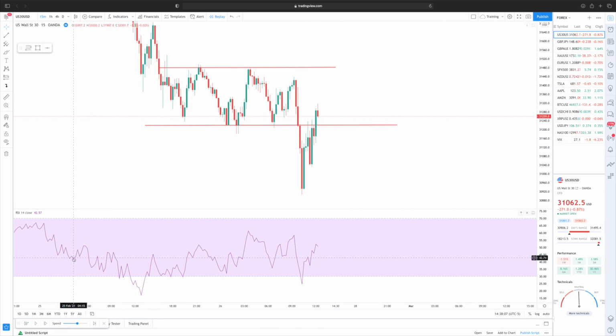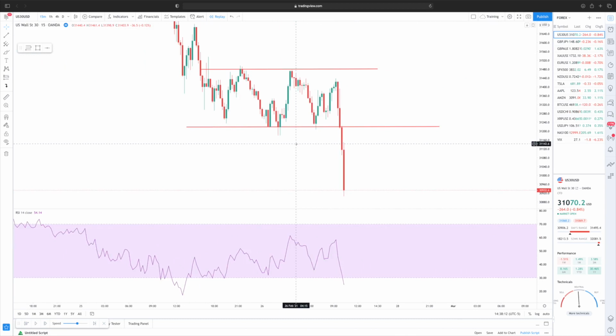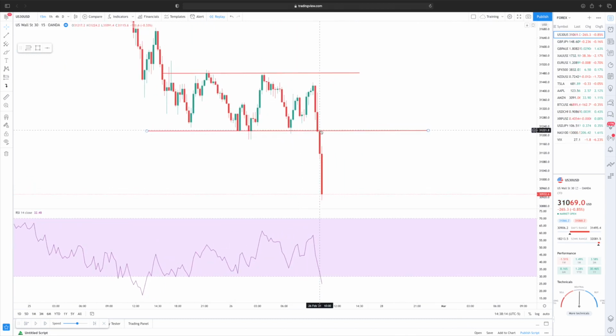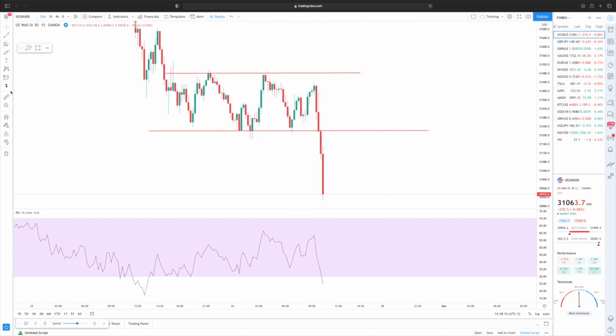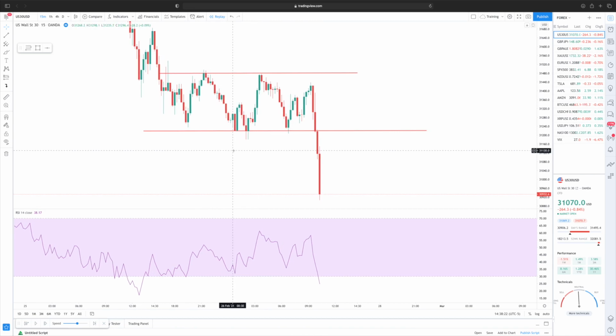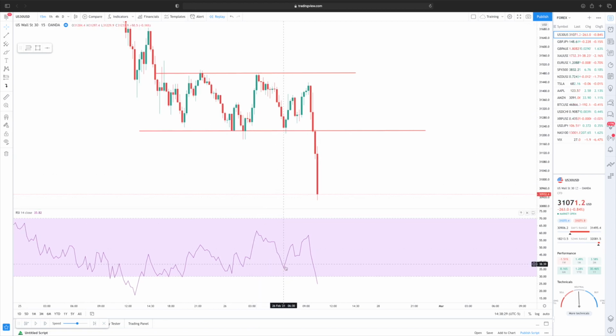And the way that we entered that, just to give you an idea, was we saw the potential for the break right here. Another thing that you guys want to take into consideration is that RSI is just like price. RSI is very similar to price in the sense that if you see a double top on the RSI, it's kind of like seeing a double top here.